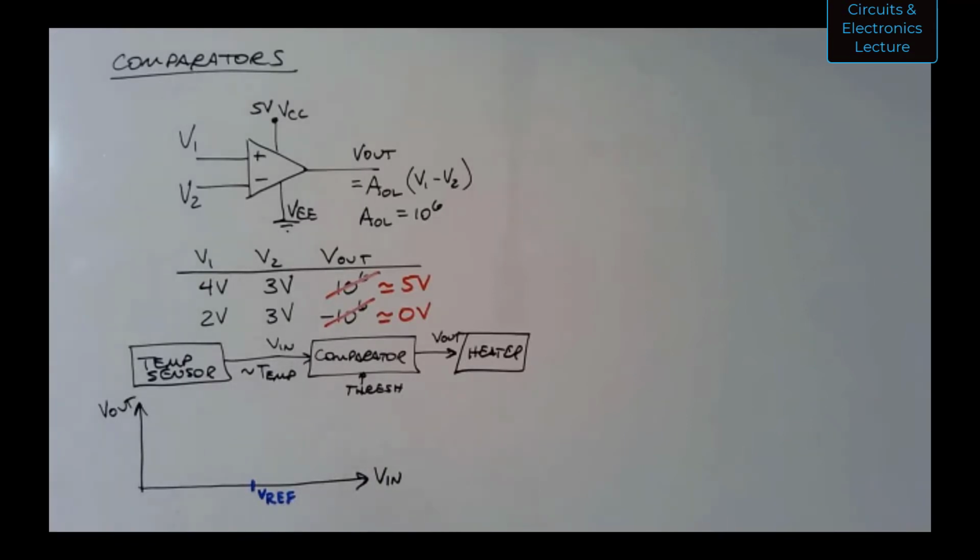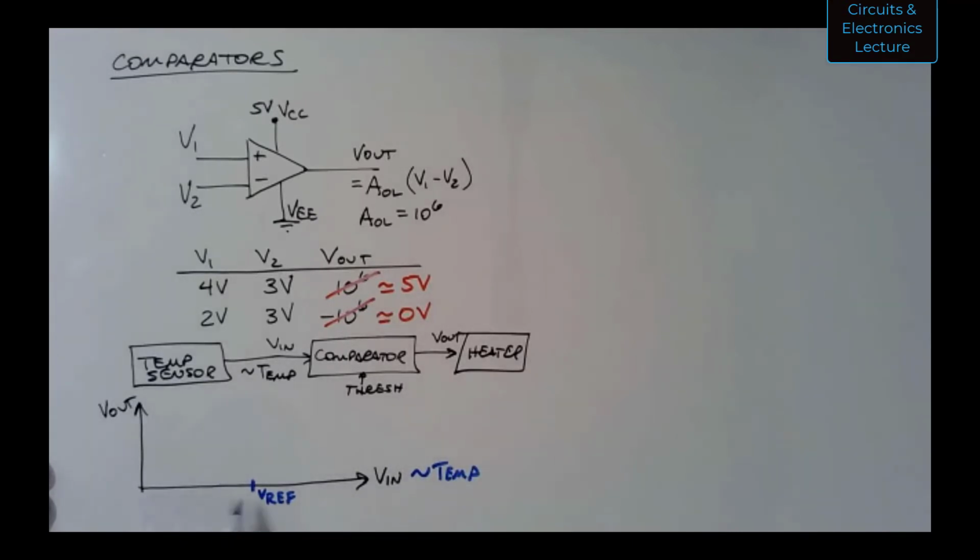That says Vref. So that's proportional maybe to the temperature where you want to hold the house. So what you want is, let's suppose, right, V in is proportional, I'm going to say proportional to temperature.